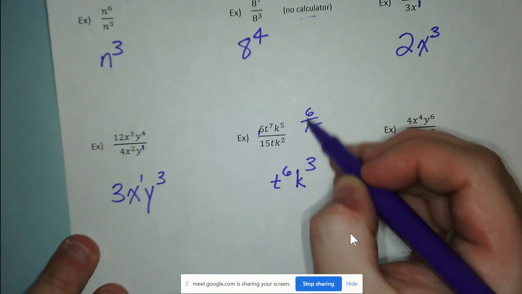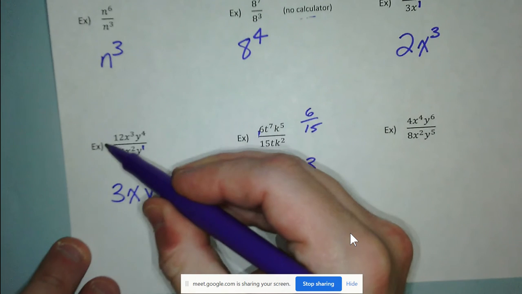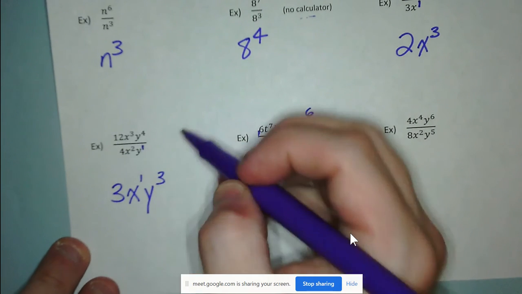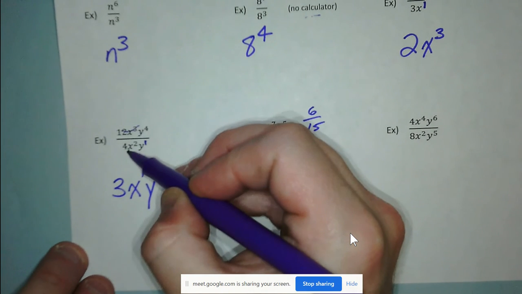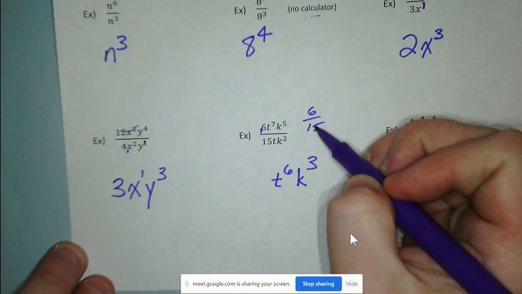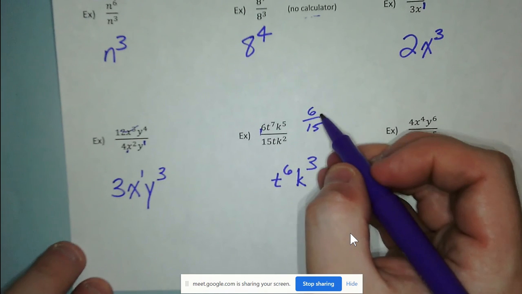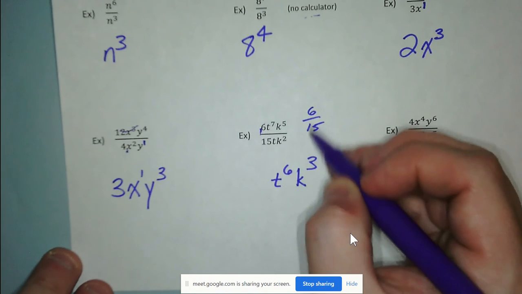You would just reduce this fraction. 12 divided by 4 was clean division. Yay. But 6 divided by 15 is not clean division, but at least we can reduce that.